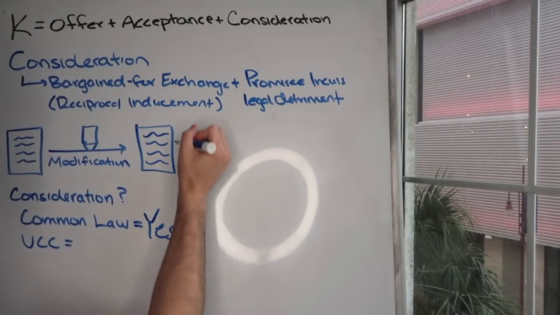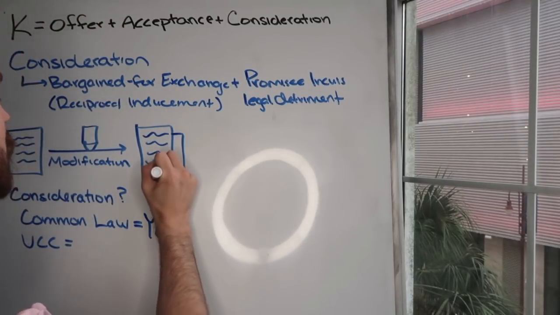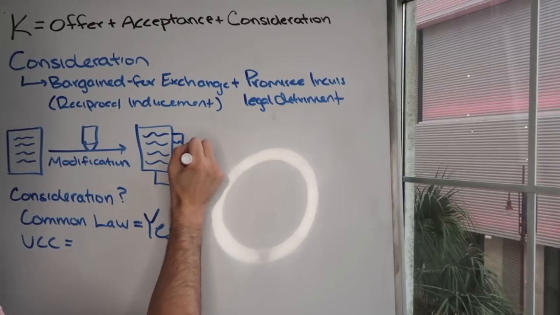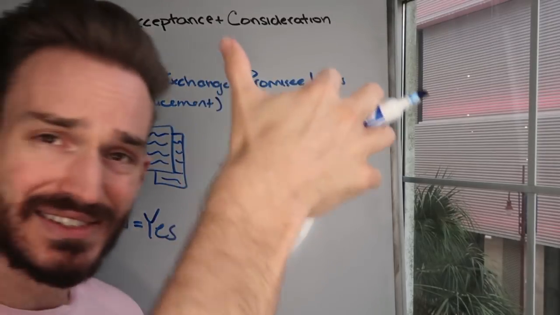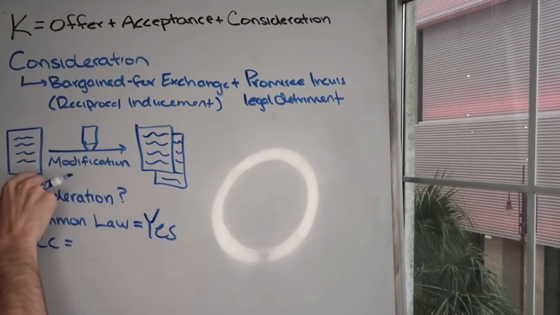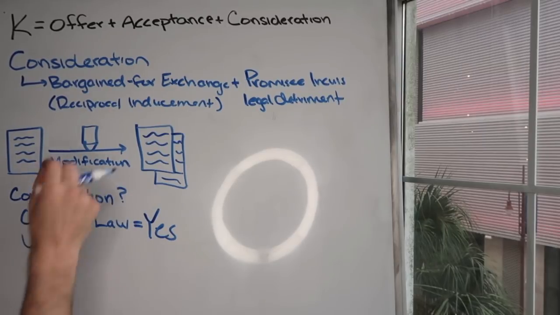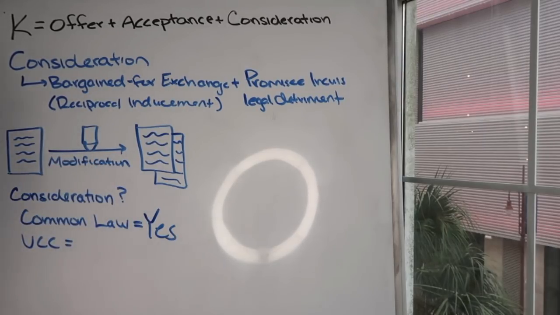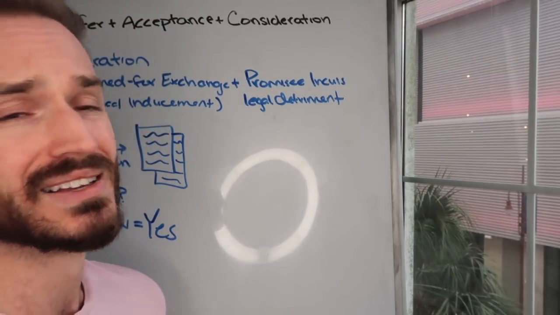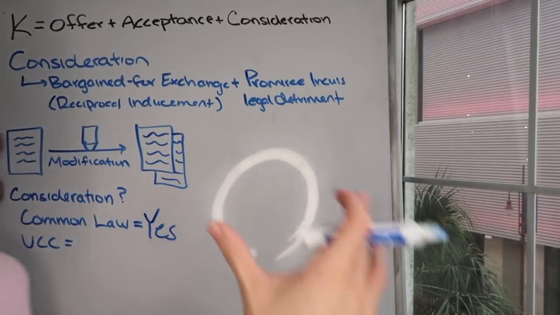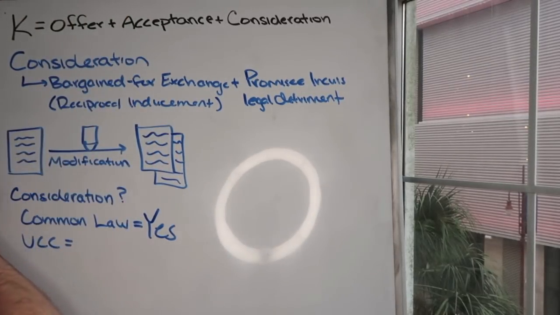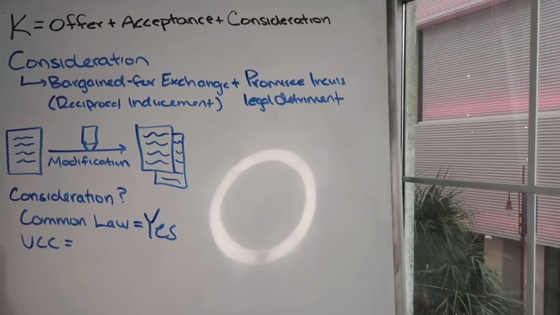Let's say we want to add a page to the back of this contract. We want to add a little addendum on the back and staple it to the back of the contract. We want to modify it. Does this modification need to be supported by consideration? Additional consideration that wasn't included in the original contract.